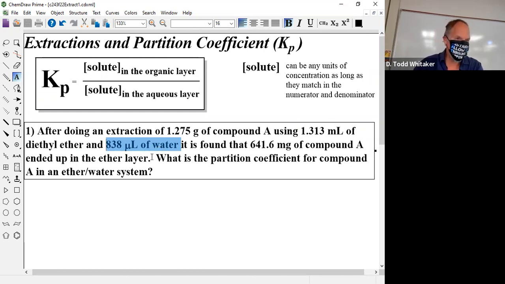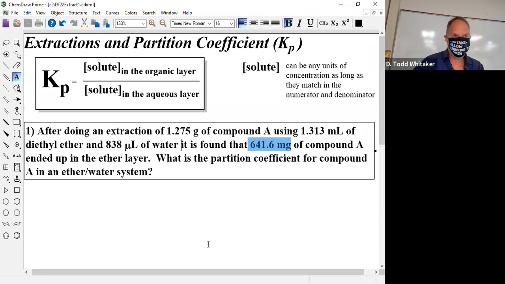And then they did the experiment. It's kind of like what you're going to do today. You do an experiment, and then you find out how much of compound A ended up in the ether layer. We always determine what's in the ether layer for one simple reason. It's easy to get rid of the ether layer and analyze what's left, because our organic solvents are going to be volatile.